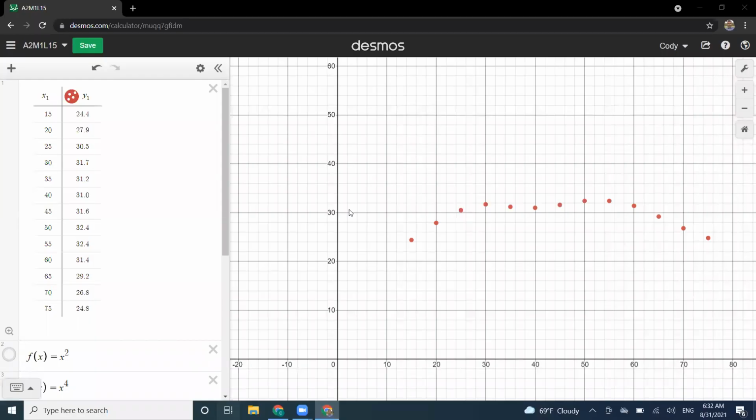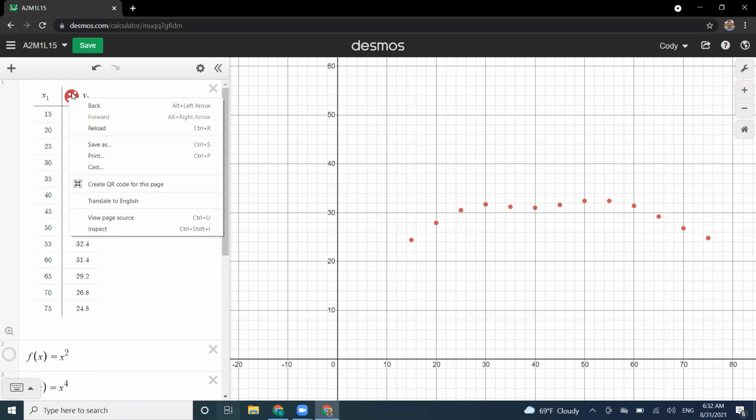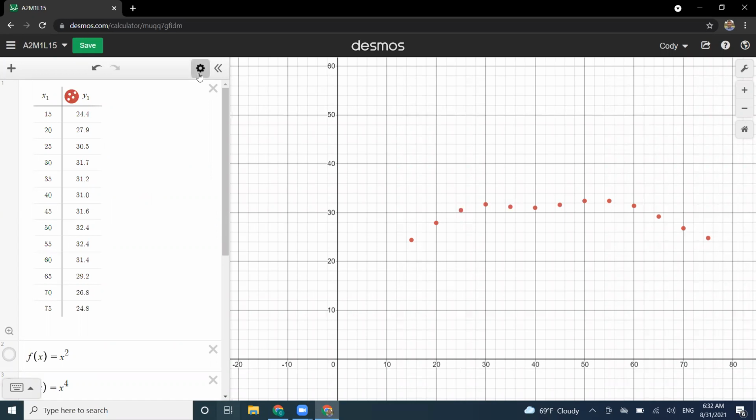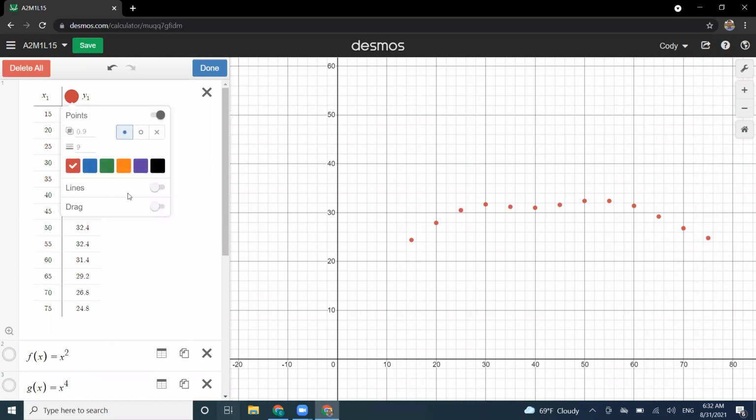Okay, here's what that would look like. Yeah, I'm going to make a line out of that and make it a little bit easier to see.